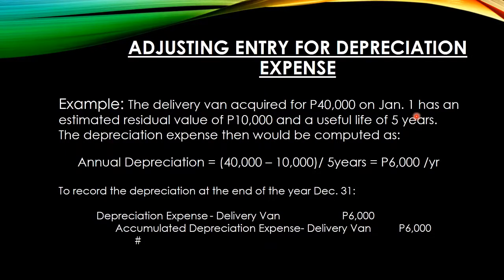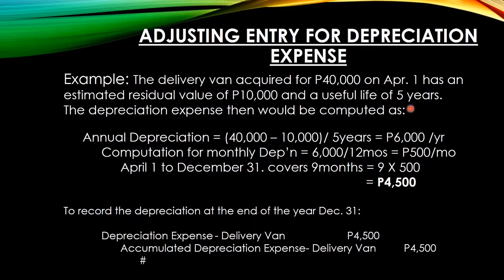Now, what if you acquired your van on April 1? We have the same figures. What we've computed is the same, 6,000 per year, our annual depreciation. But take note, the delivery van was not used for the whole year because we bought it only in April.